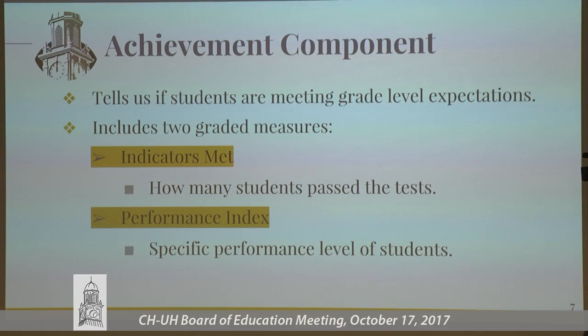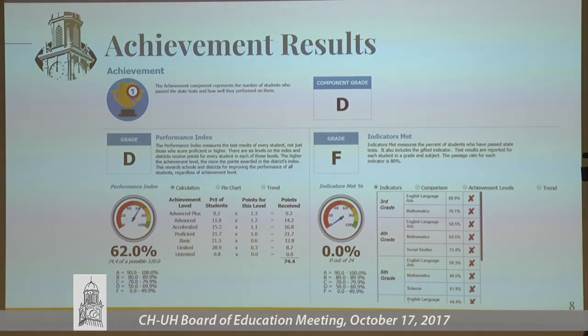This again looks at how students did on each test, but by specific performance levels. One of the things that we looked at during the last session was that there are 5 performance levels, with limited being the lowest, then basic, proficient, accelerated, and advanced. If you were to pull up our report card on the department website, this is what you would see.